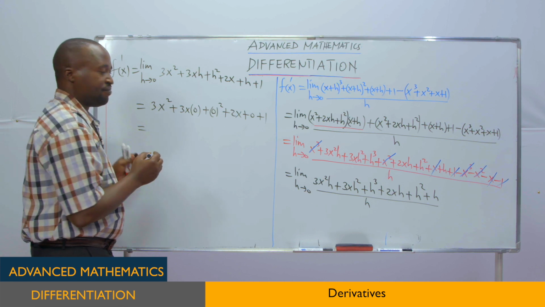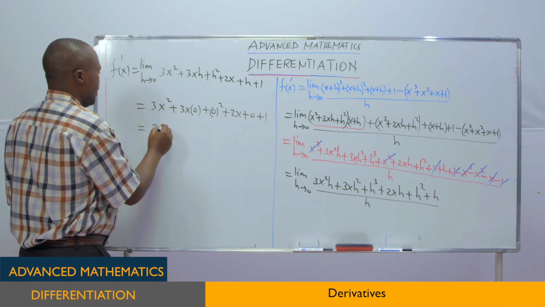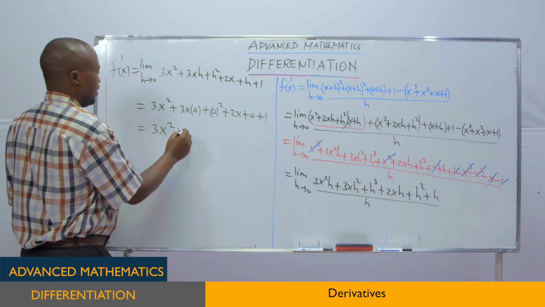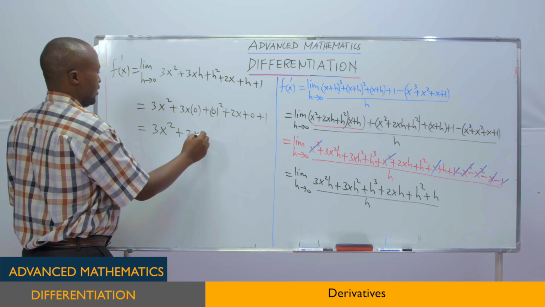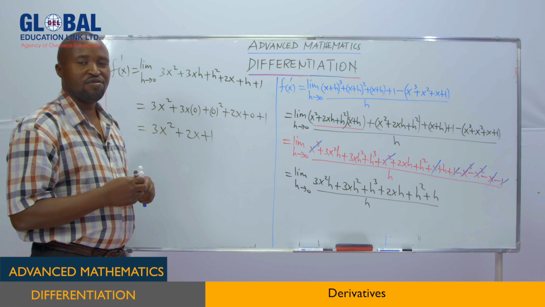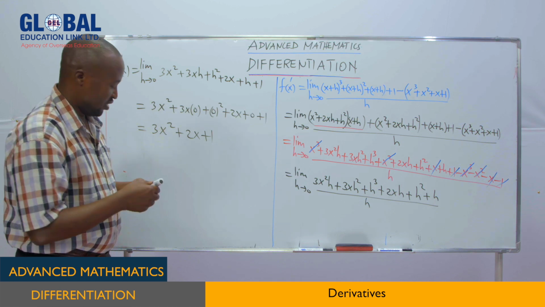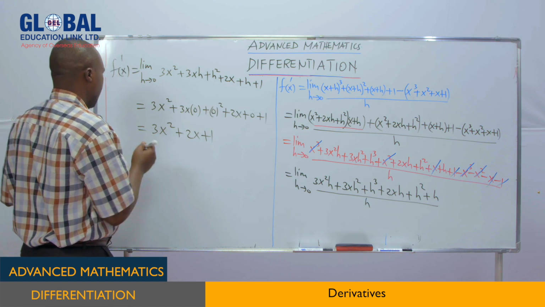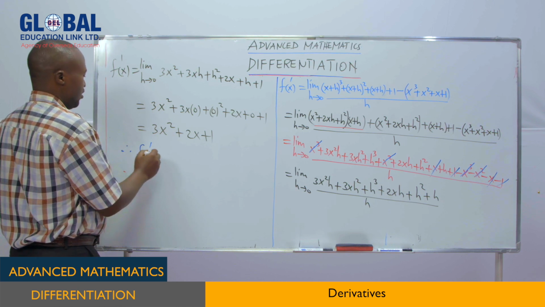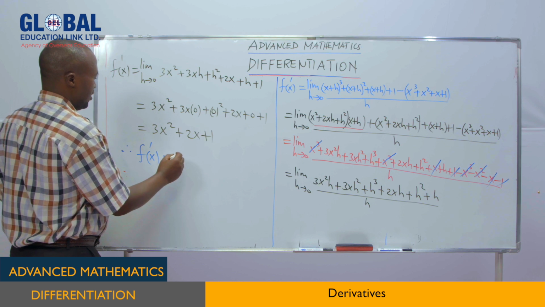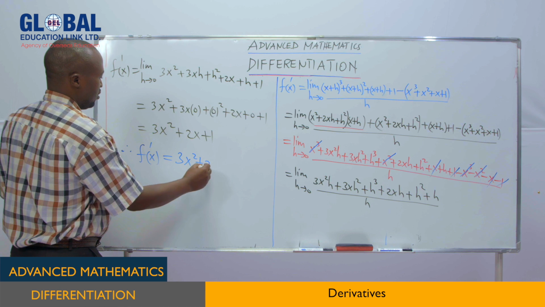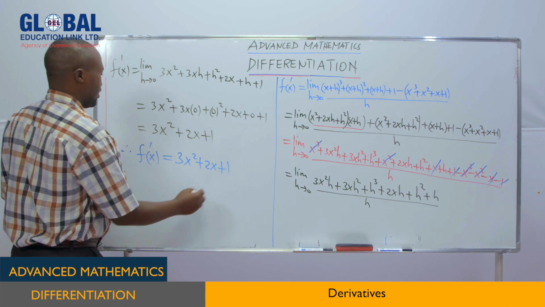So in this case, we have 3x squared plus 2x plus 1. That is the derivative of our function. So here we say, therefore, f of x dash for our function is equal to 3x squared plus 2x plus 1.